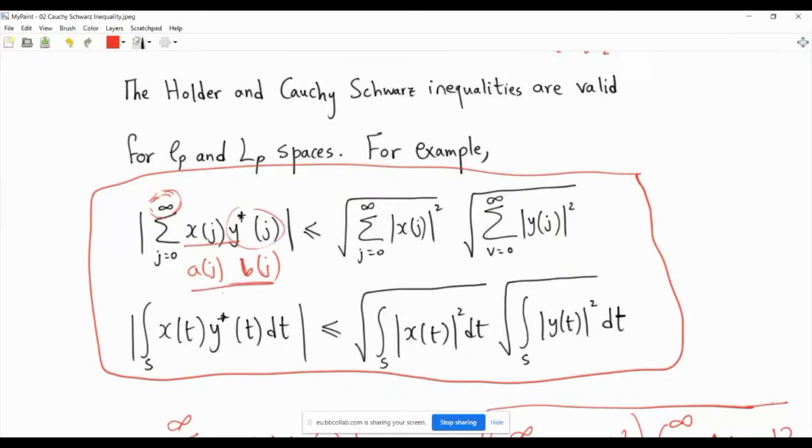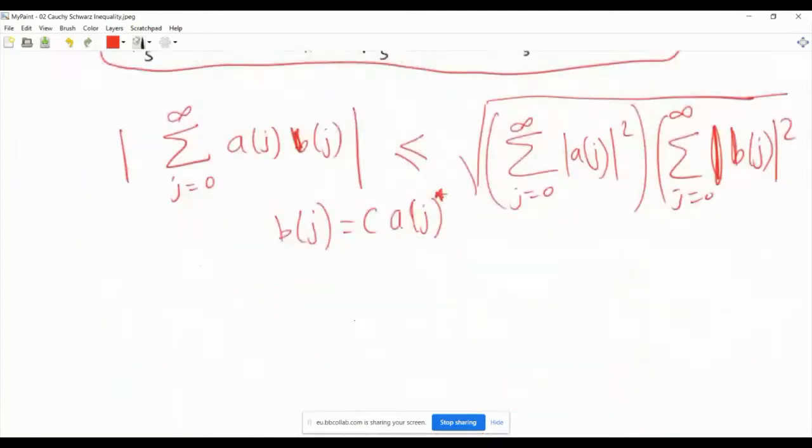The only thing is that when you write down the condition for equality, if it's the summation of aj bj, now you should say that bj is c times aj conjugate, or you can put the conjugate on the other side. These are also applicable to integrals. So this is one form, and you can play the same game again.